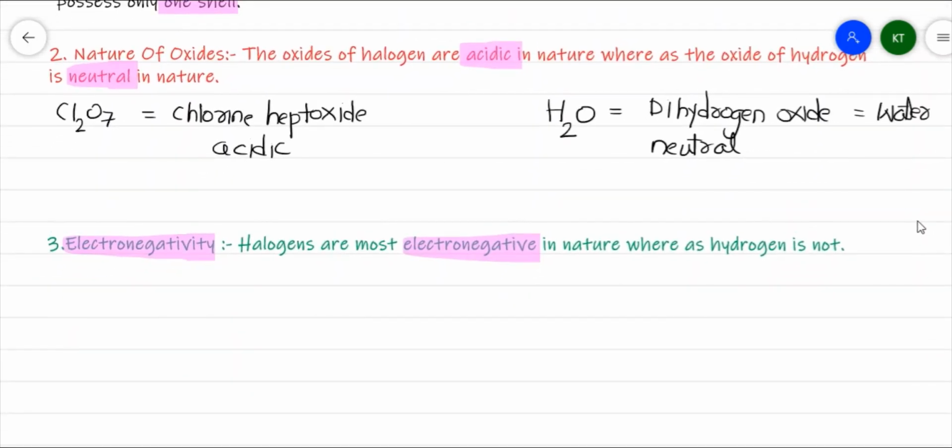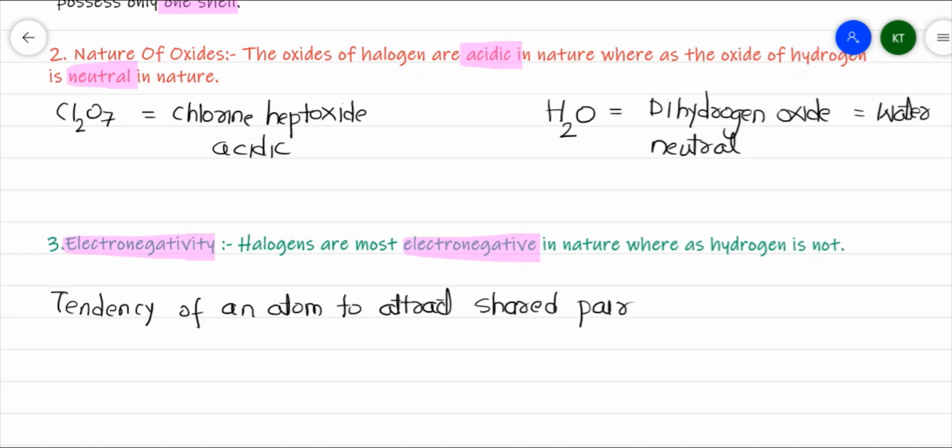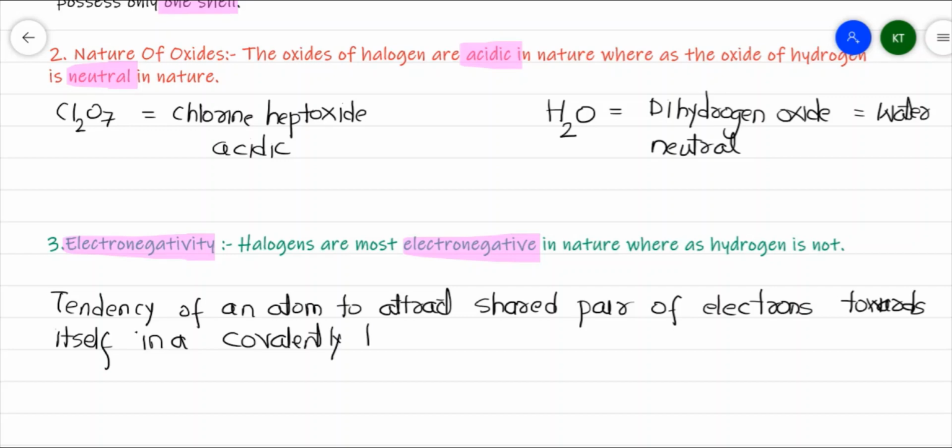Electronegativity is nothing but the tendency of an atom to attract the shared pair of electrons towards itself in a covalently bonded molecule.